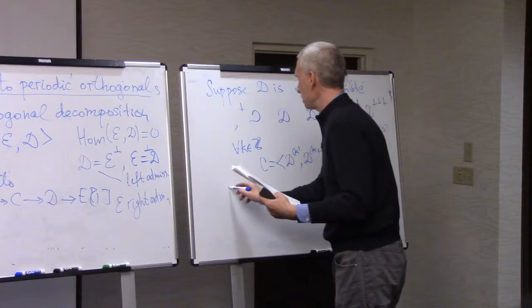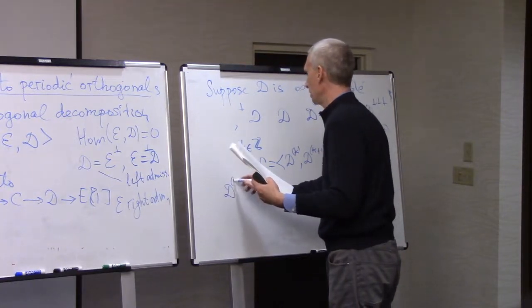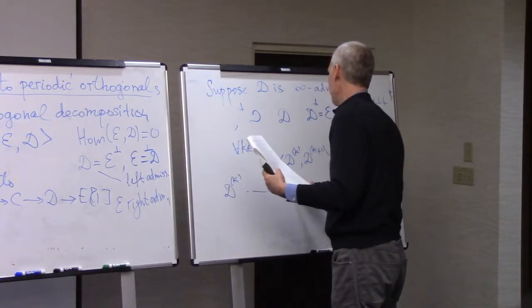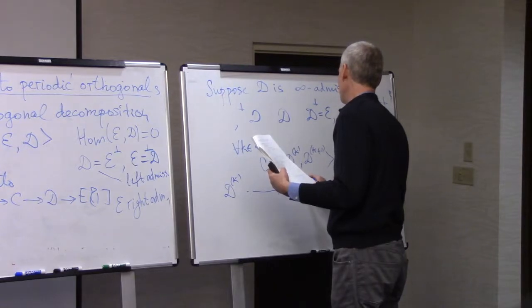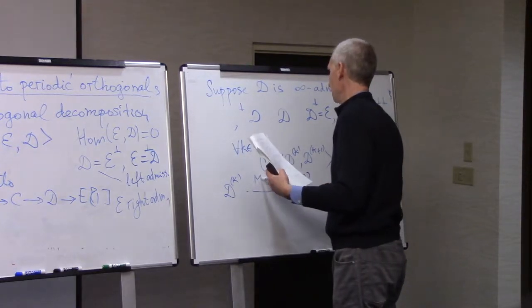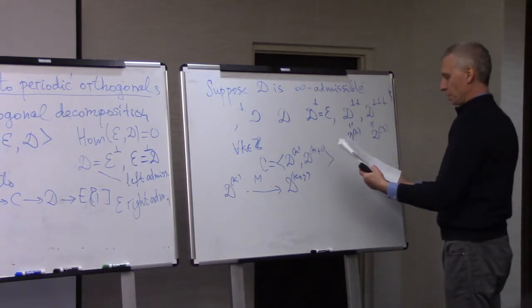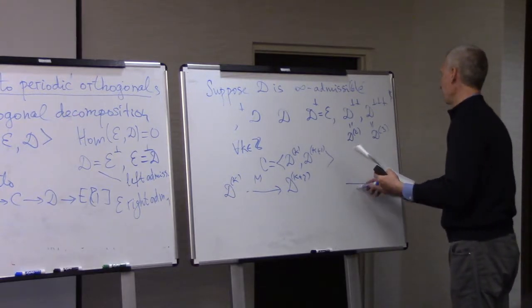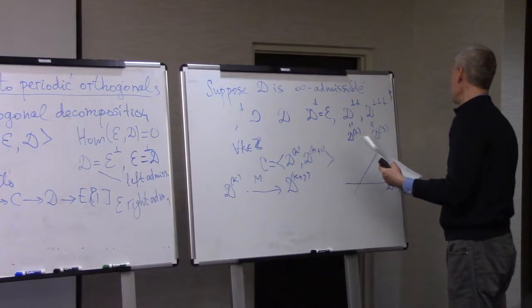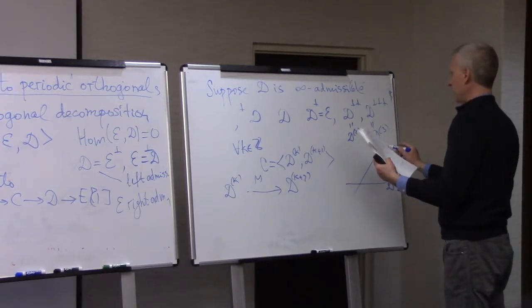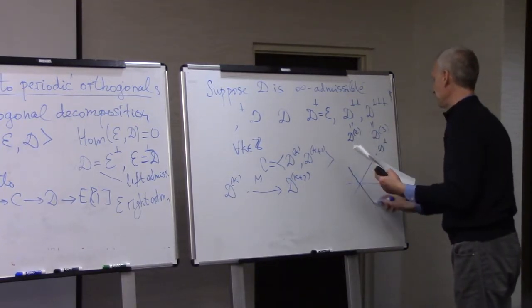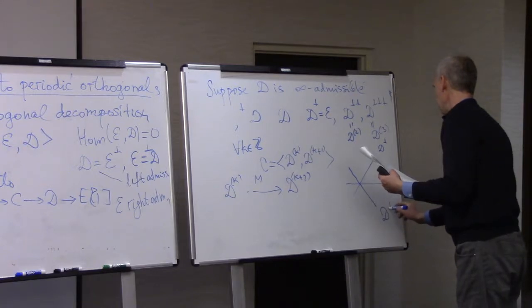Also, I would need to say that the kth orthogonal is identified with the (k+2)th orthogonal by the mutation. It is something like this. Suppose we start with D. This is D, this is D left orthogonal, and this is D right orthogonal.